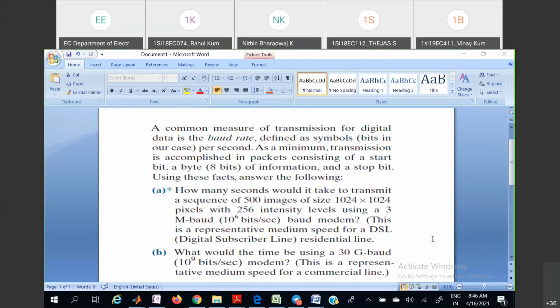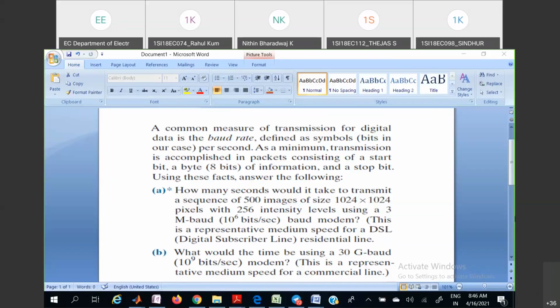5 nanoseconds. Is this for the first one or the second one? First one, 5 nanoseconds. Can you just elaborate how you have done? Sir, by taking the baud rate, in 1 second, 10 power 6 bits can travel.